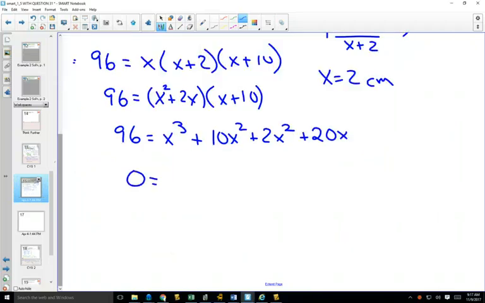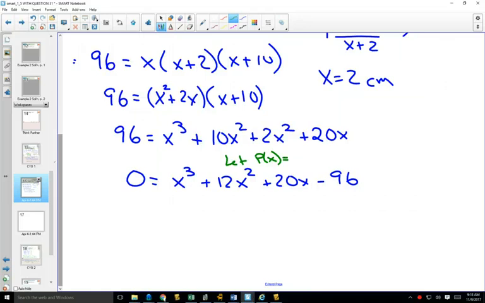And now if I move my 96 over, I get it equal to 0. Now how do you solve for x here? Now we're going to have to factor. So I'm going to let p of x equal this.